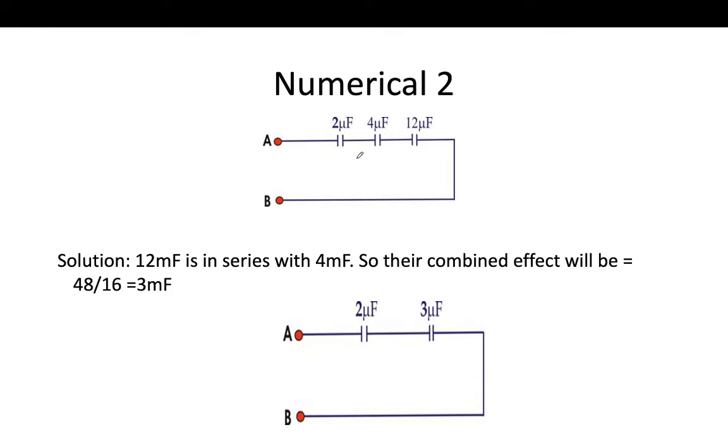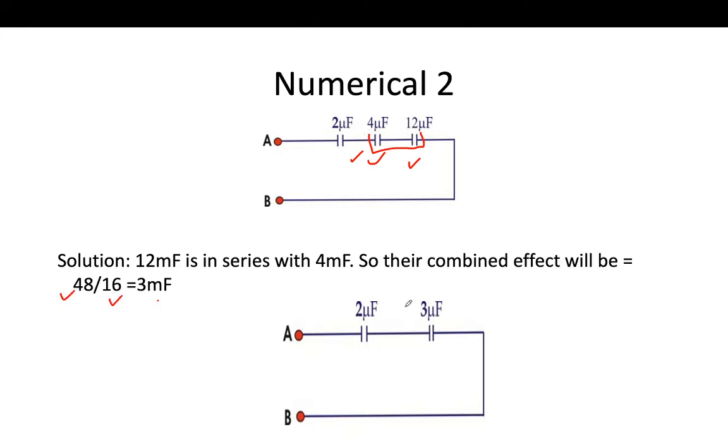This is the second example. 2, 4 and 12 microfarad capacitors are there, so the combined effect will be, first of all we take these two capacitors, 4 and 12. So first will be 12 into 4, 48, divided by 12 plus 4, 16.